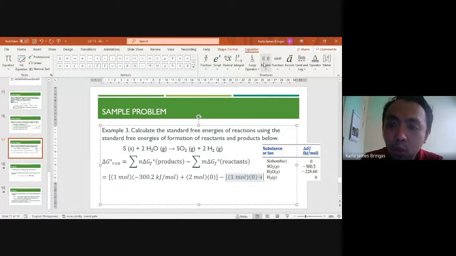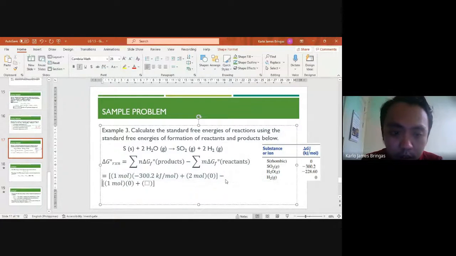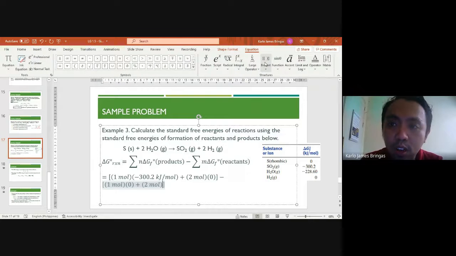Plus 2 moles ng water times its energy of formation, which is equal to negative 228.6 kilojoule per mole.